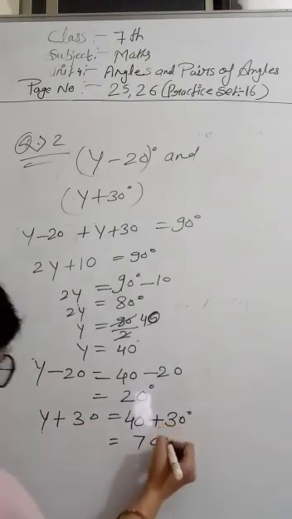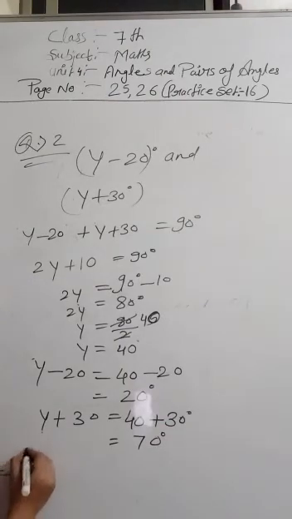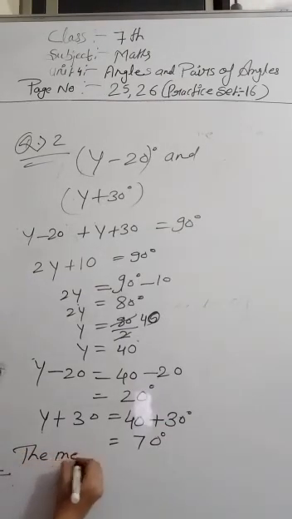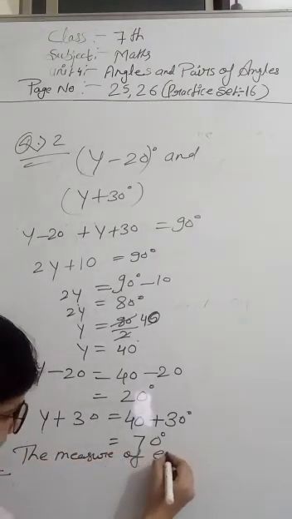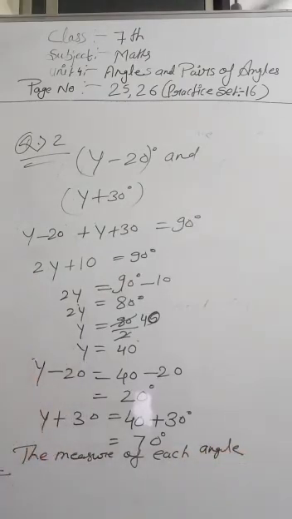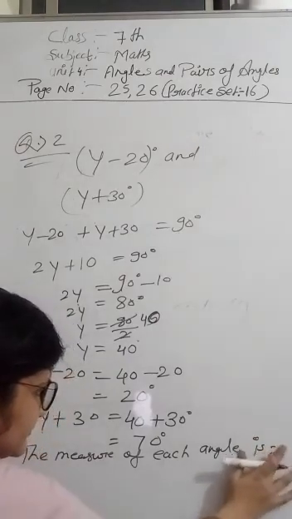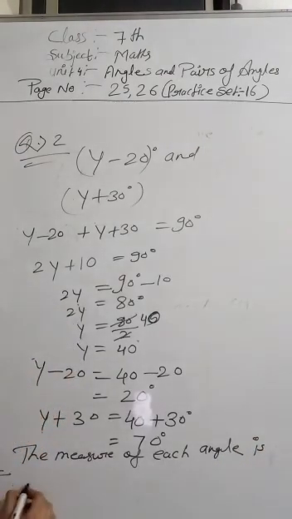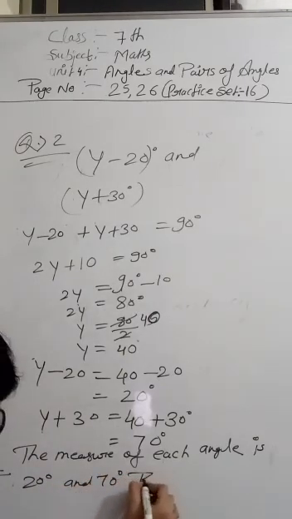Okay, so we will write here our answer. Our answer is: the measure of each angle is 20 degree and 70 degree respectively.